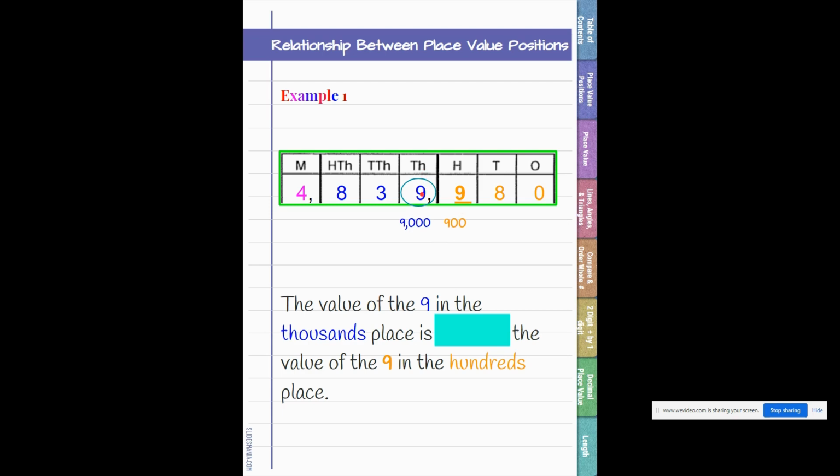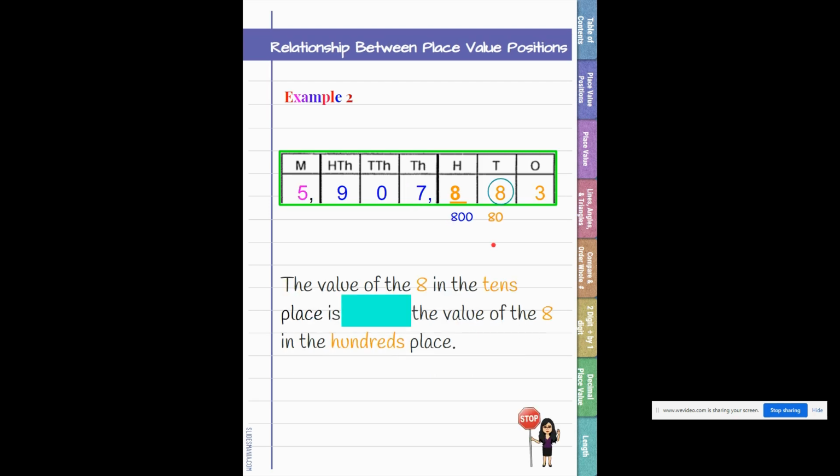So I can see that 9,000 is 10 times greater than 900. Again, this is bigger, so it's 10 times that amount. So to complete the statement, the value of the 9 in the thousands place is 10 times the value of the 9 in the hundreds place.